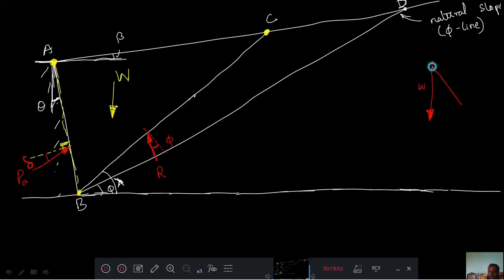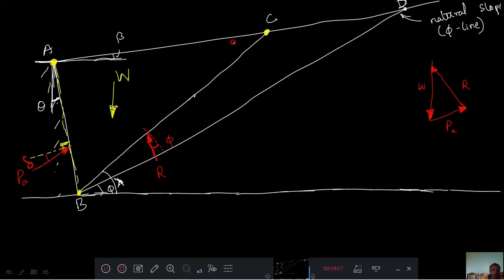This is my reaction, because the reaction R is in this direction, and PA is in this direction. All three make a closed polygon. Now W, R and PA are all in equilibrium.